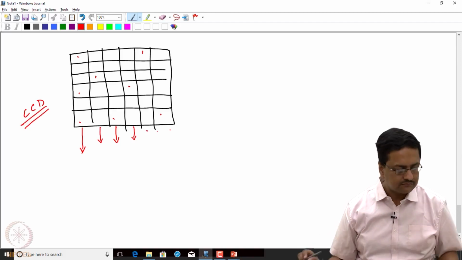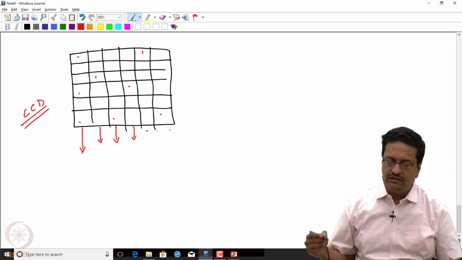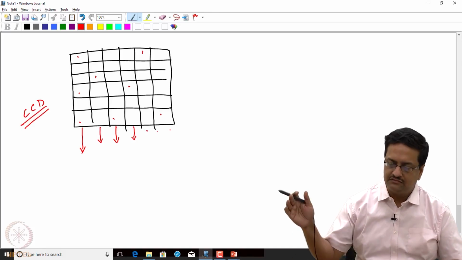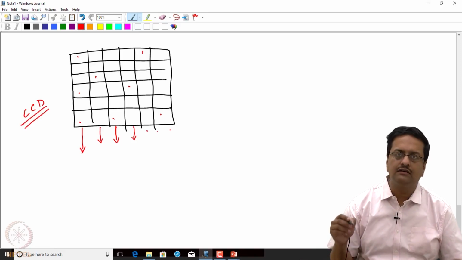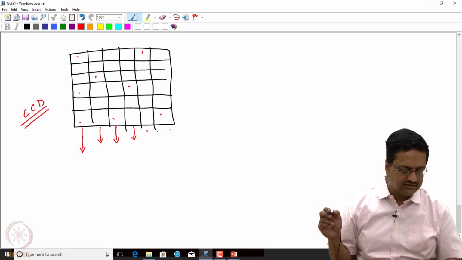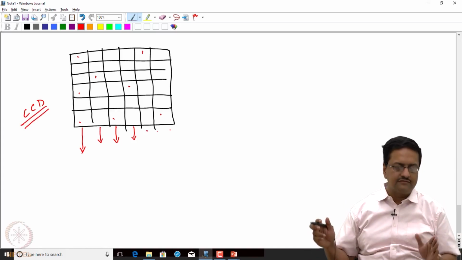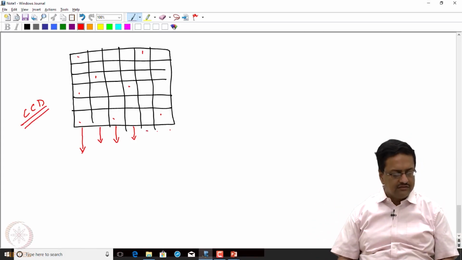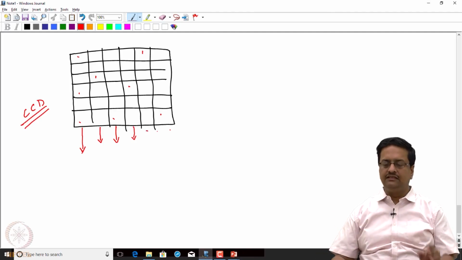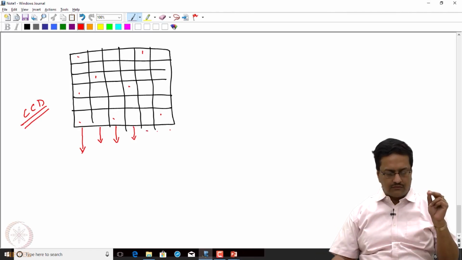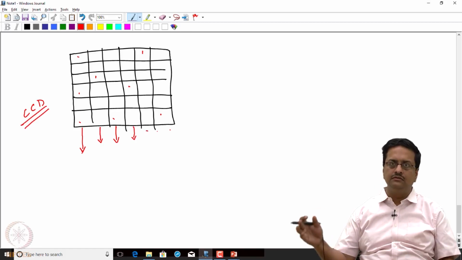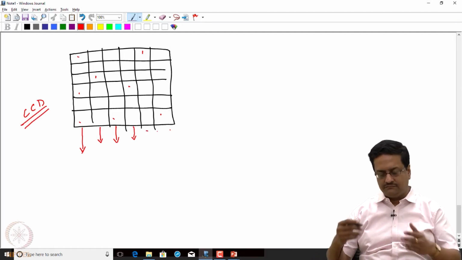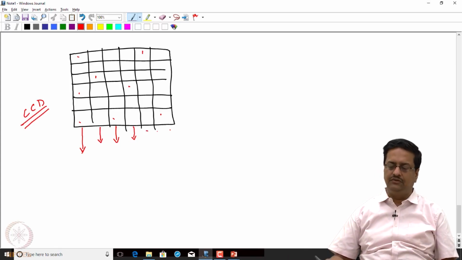In case of the CMOS detector, a similar thing happens. X-rays fall on the detector, but then each one of those photosites is simultaneously working as a converter. So these sensing sites, the pixels, convert the charge to voltage immediately, and then that voltage is transmitted simultaneously to the amplifier.